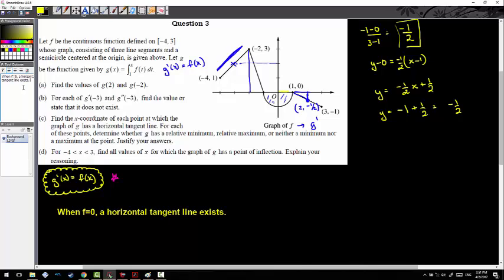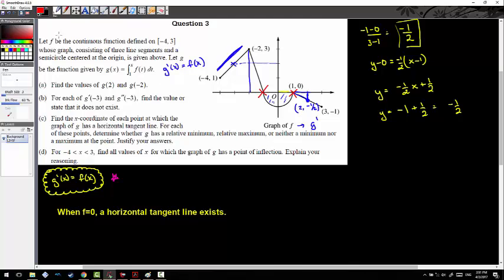Now, where are those places where f is 0? Remember, where f is 0 is going to be where f crosses the x-axis. So where does that happen? Well, that happens right here, and it happens right here. Okay, where those red x's are. X marks the spot.